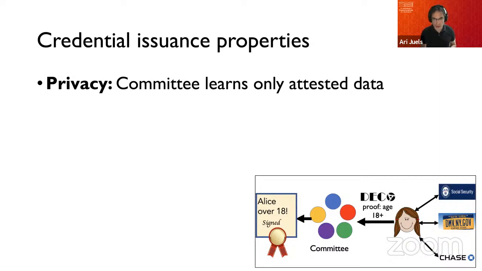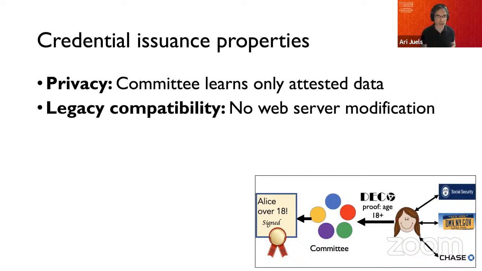Another nice feature of this system is that the committee only learns the data that the user wants the committee to learn. In this case, for example, Alice can prove she's over 18 to the committee, present a zero knowledge proof based on received data without actually revealing her birth date. The committee learns only that she's over 18. We get legacy compatibility.